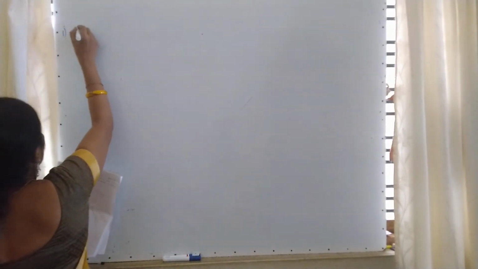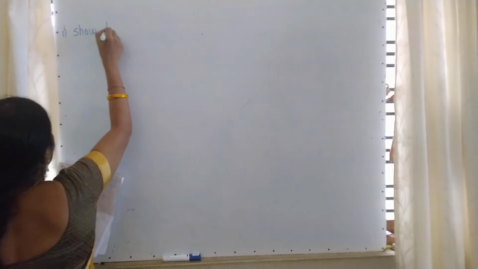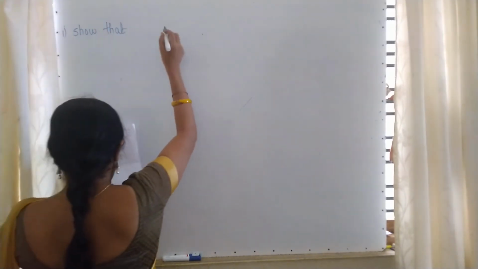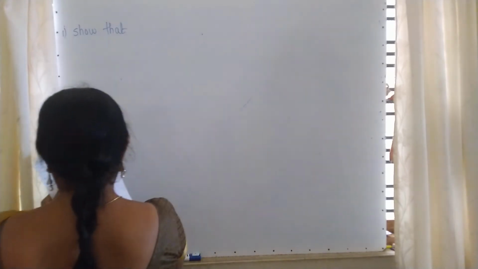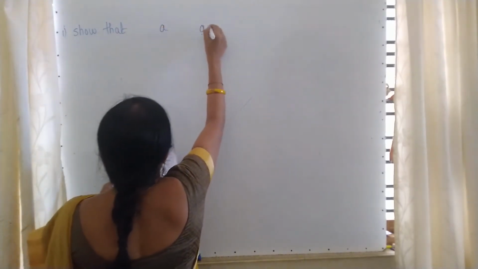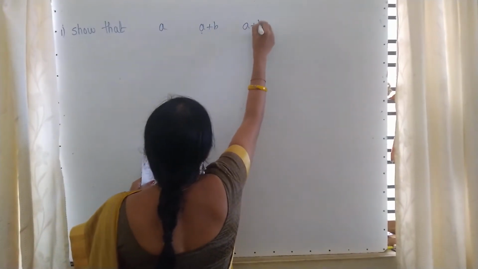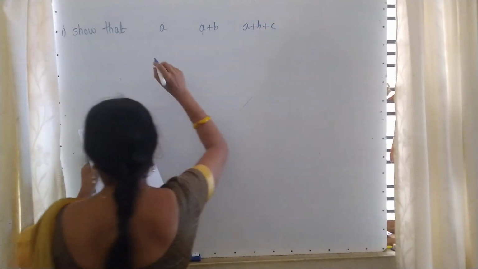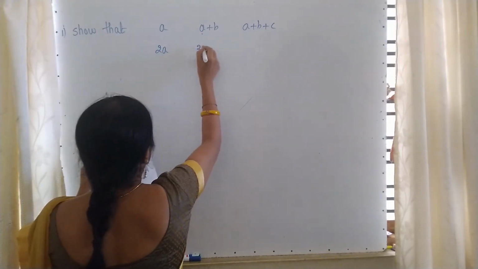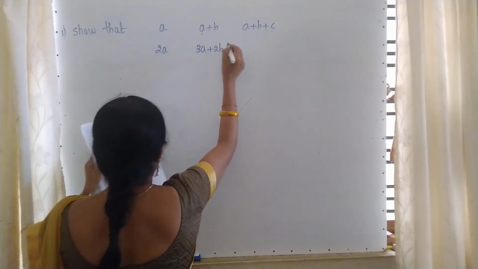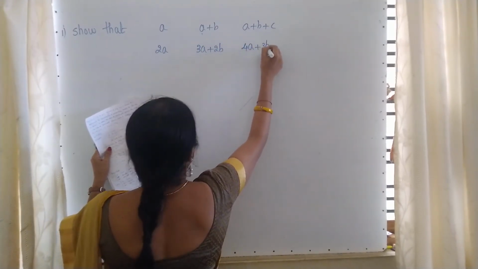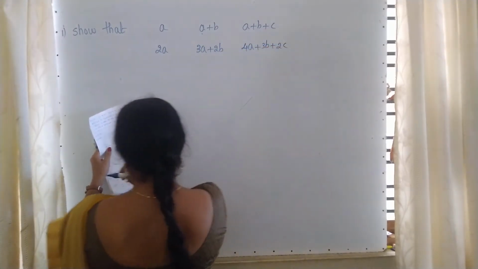First one, show that the first row is A, A plus B, A plus B plus C. Second row 2A, 3A plus 2B, 4A plus 3B plus 2C.